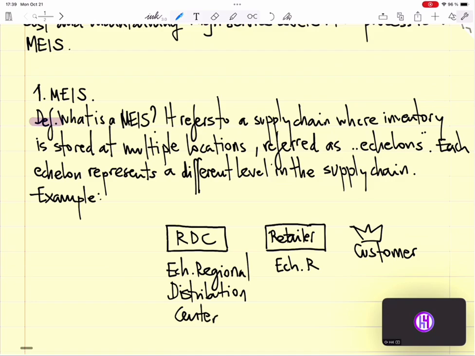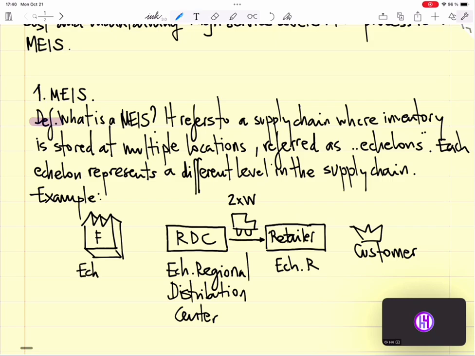And here you have deliveries with a little truck twice per week. Then you have one beer factory in München, echelon factory.